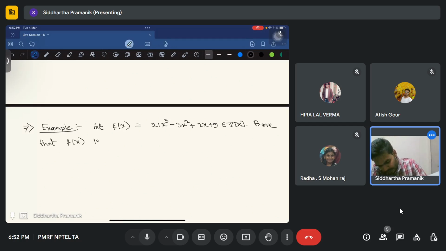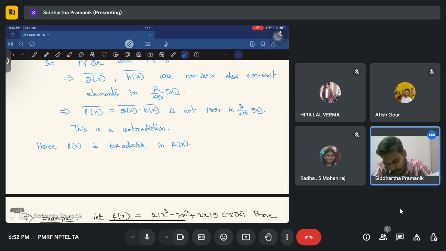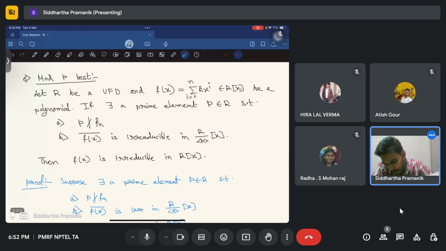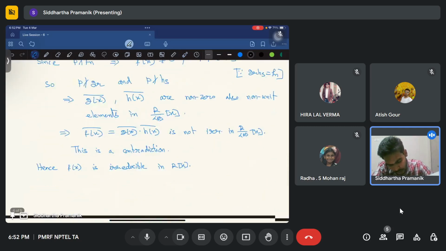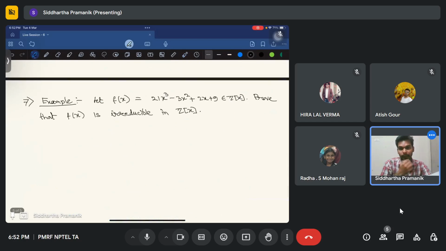Fx is irreducible in Zx. So Z is a UFD, right? Because it is a PID. So we can use this earlier mod p test. So can you do it yourself? Just think for a few seconds.